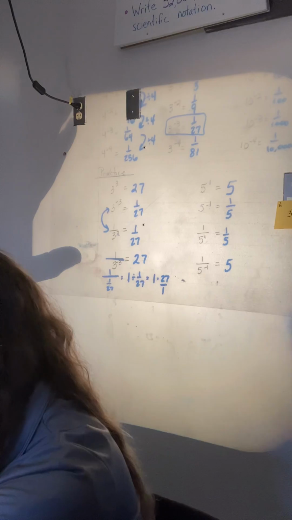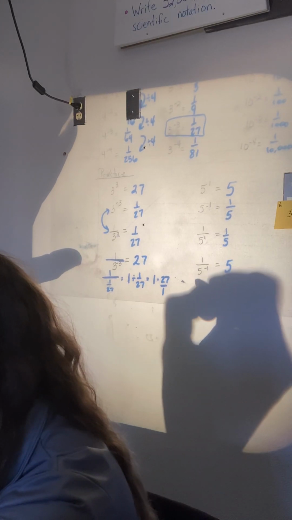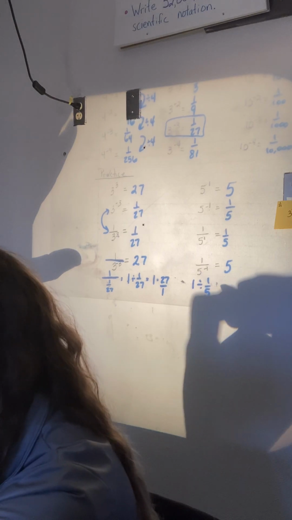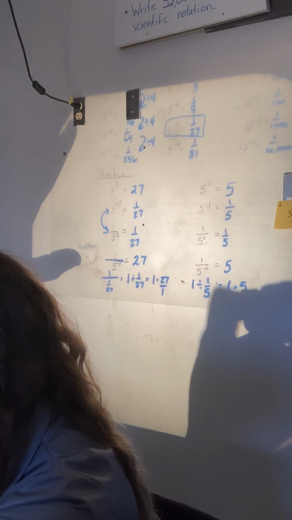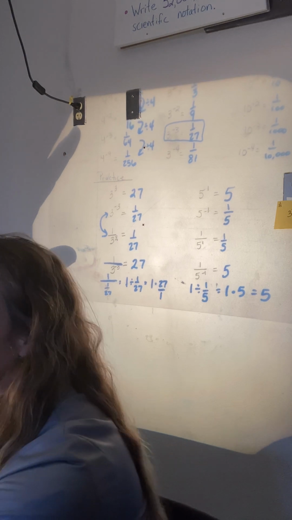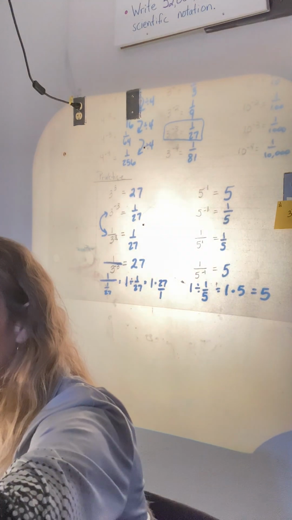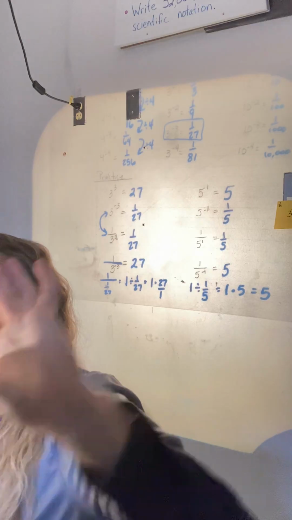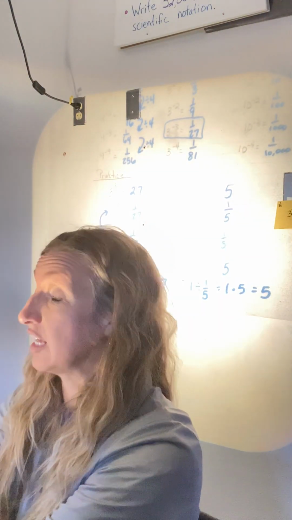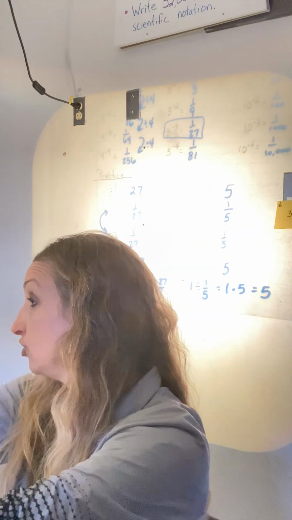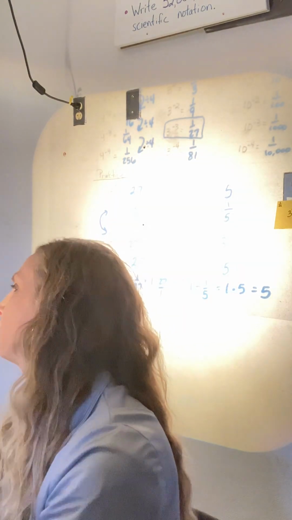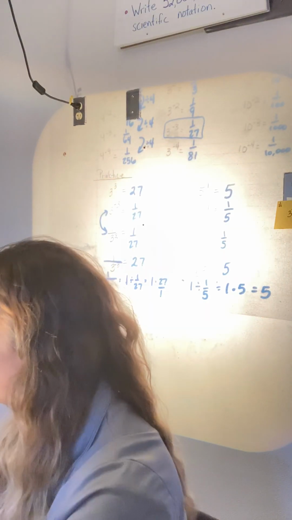I can go through the whole step of 1 divided by 1/5, keep, change, flip, and I get 5. So when you see a negative exponent, it just makes it flip. If it's in the denominator, it goes to the numerator. If it's in the numerator, it goes to the denominator.